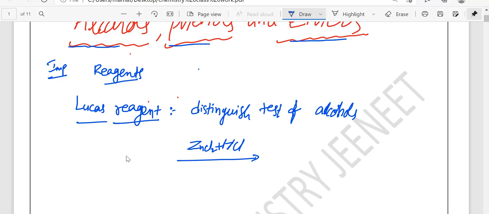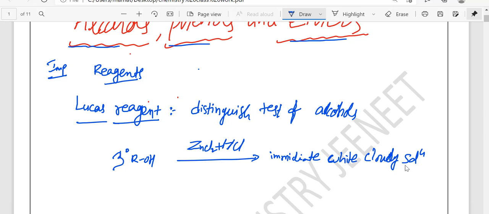Tertiary alcohols are giving an immediate reaction. Immediate cloudy white solution is given.